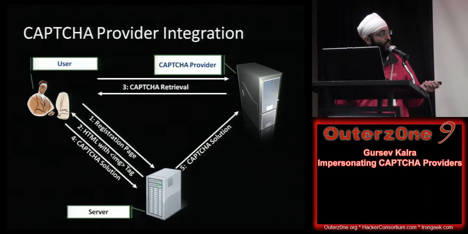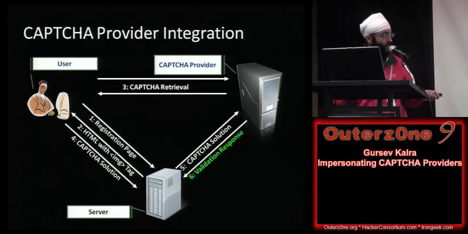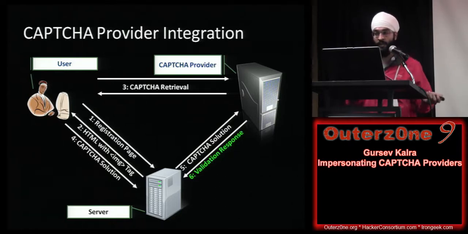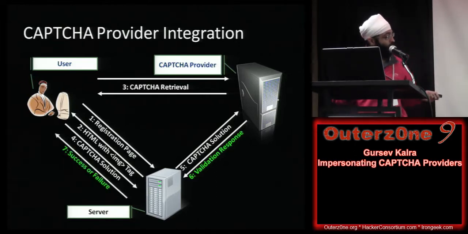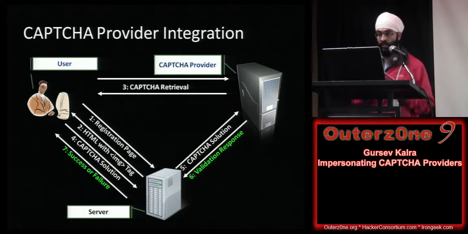The CAPTCHA provider validates the solution and sends a response back to this server. So this response is typically a Boolean. It doesn't have to be more than that. It says the CAPTCHA is successfully solved or it has failed. And depending on that, your registration is either allowed or disallowed. So that is the CAPTCHA provider integration scenario.